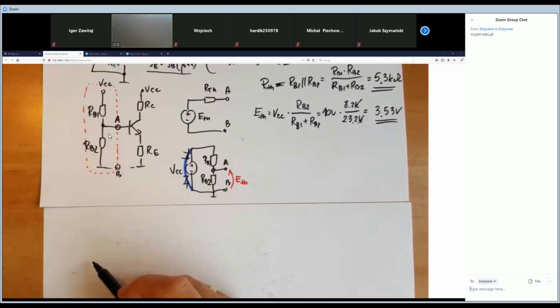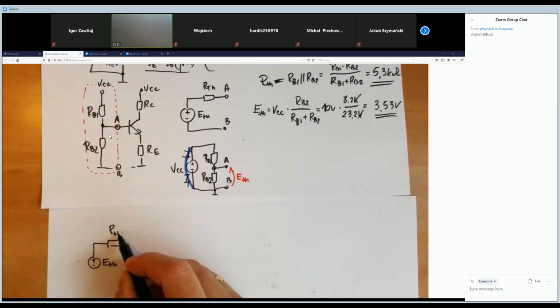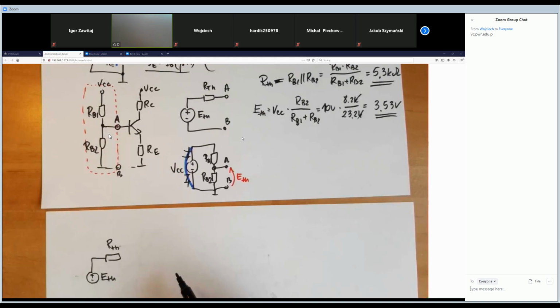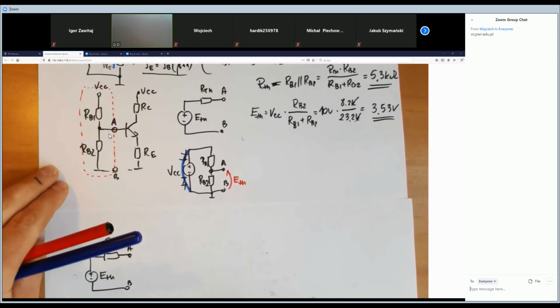So our circuit at this moment looks like that: ETH, RTH. This is the A and B points.